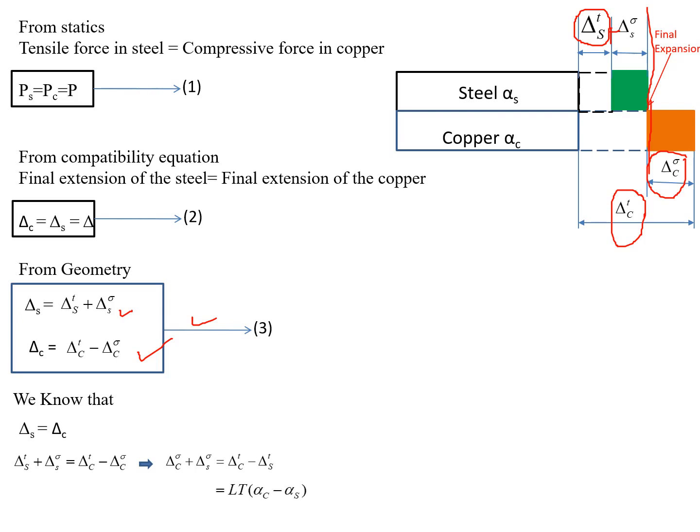We know that the deformation of the member due to the temperature rise is alpha L T. Similarly here we have to substitute this.